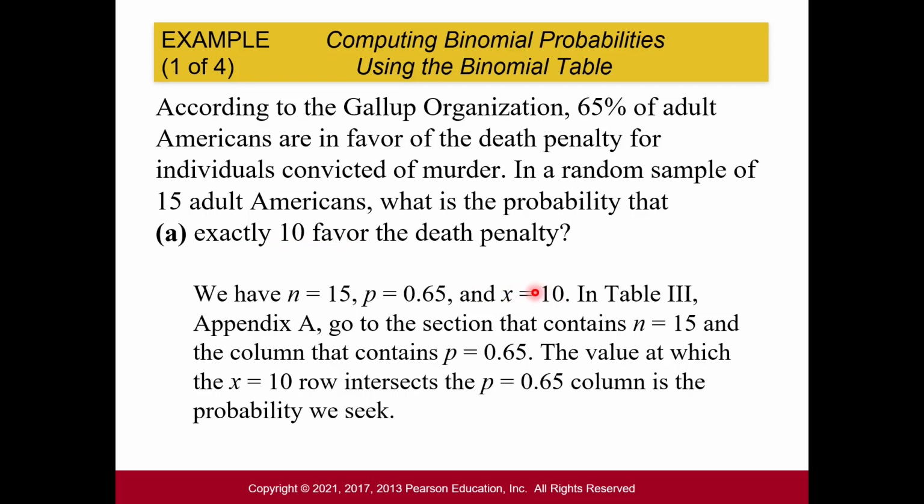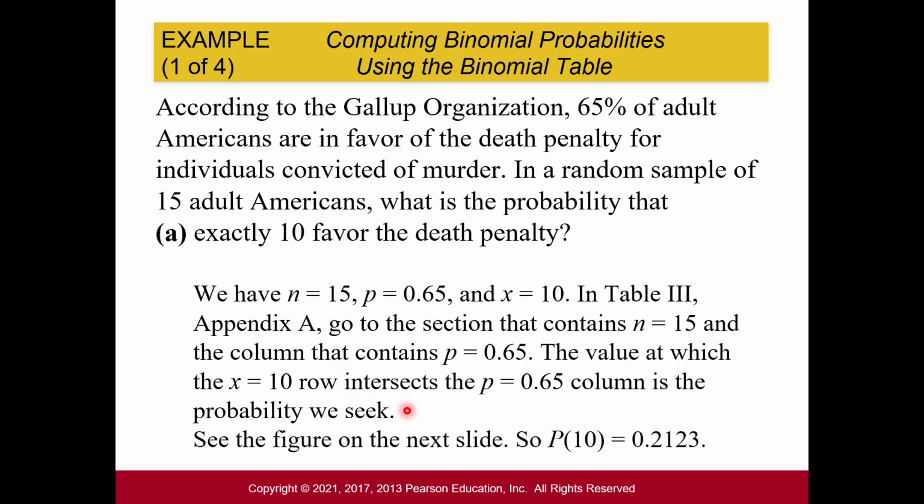So x is 10. We're going to look at a table here in our appendix and go to the section that contains n equals 15, the column that has the corresponding probability, and then the row for x equals 10. This table is actually the computations, so you don't have to do this binomial probability calculation by hand.